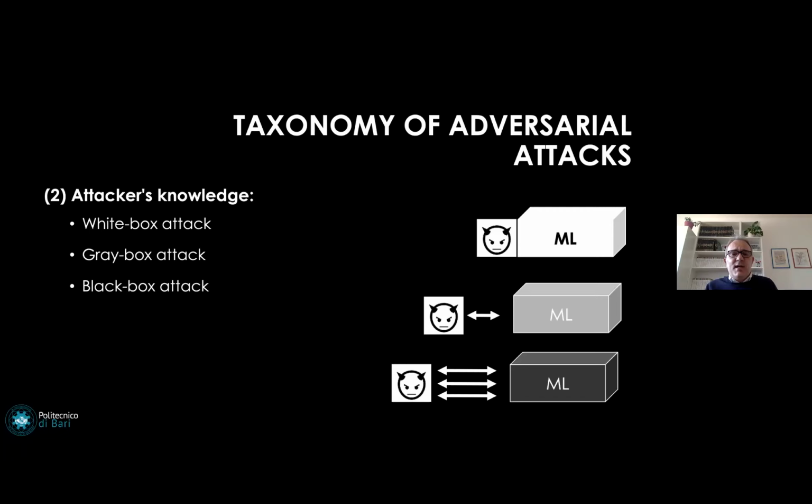On the opposite side, if the attacker does not have any information about the model, we are in the black box situation, and usually in this situation, the attacker tries to infer the model by asking queries and looking at the replies by the system. By collecting all these replies, the attacker tries to hypothesize the nature of the model, and once the attacker has this hypothesis, the attacker can start the attack. And of course, in between we have a gray box attack, where the attacker has some information about the model.